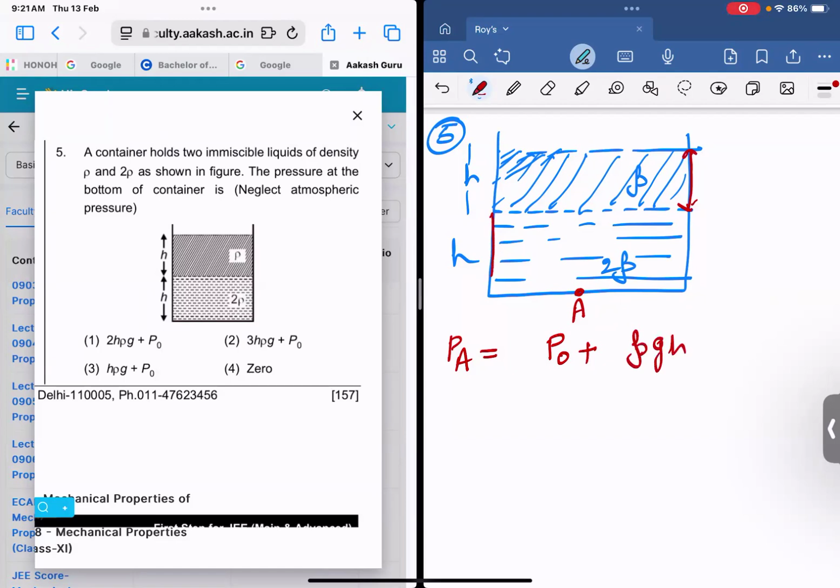Then the pressure for the next height, where the density is 2 rho, will be 2 rho gh. So we can say P_A is equal to P naught plus rho plus 2 rho, that is 3 rho gh.